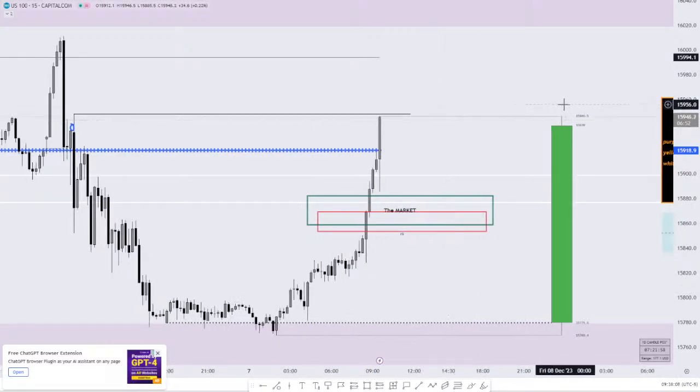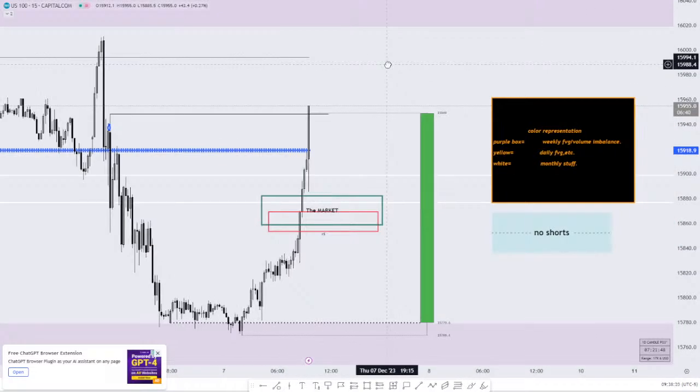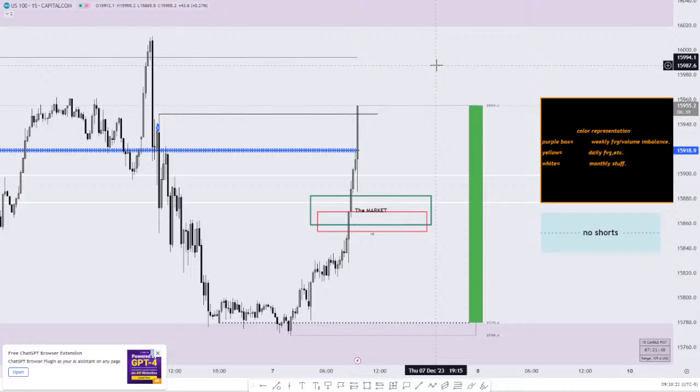No shorts, obviously. And there we go. Don't want to short it.